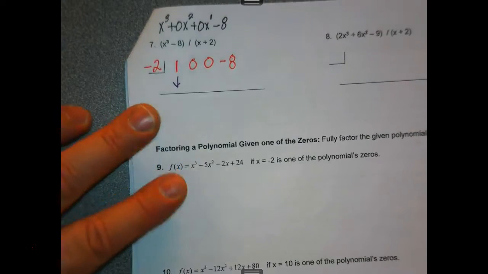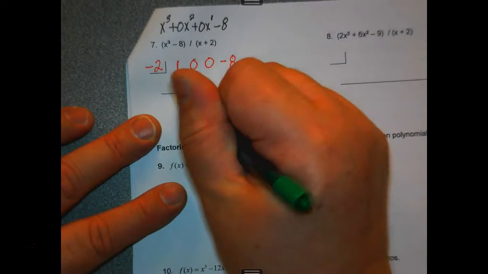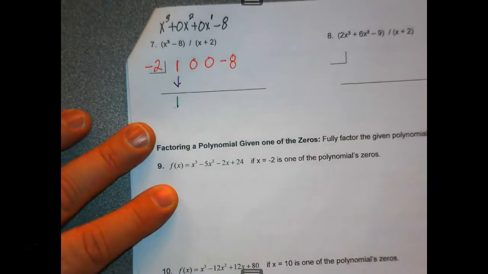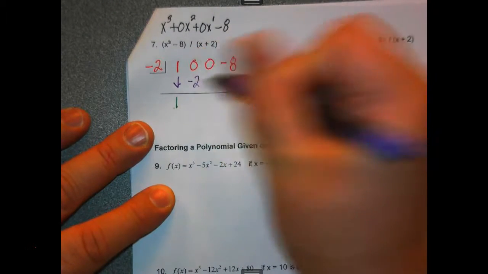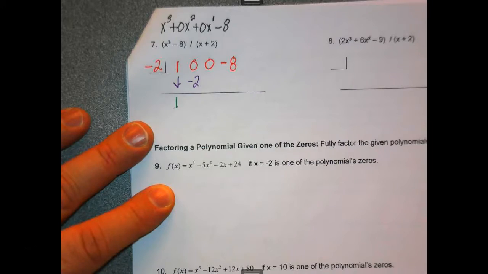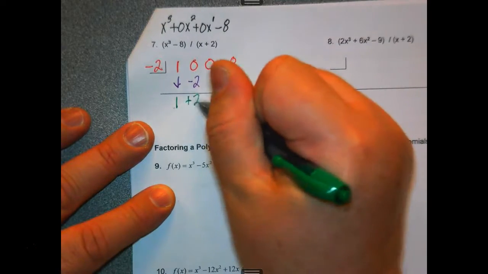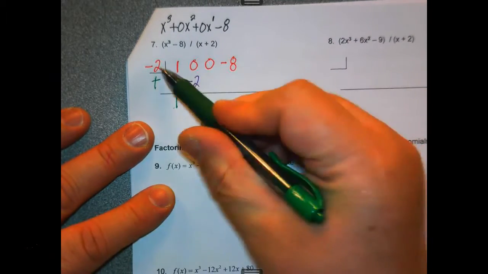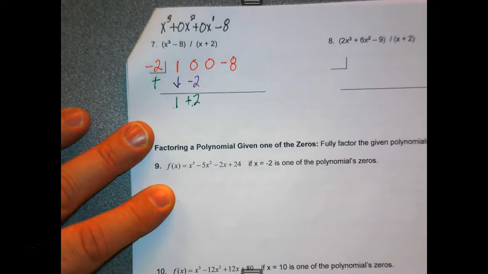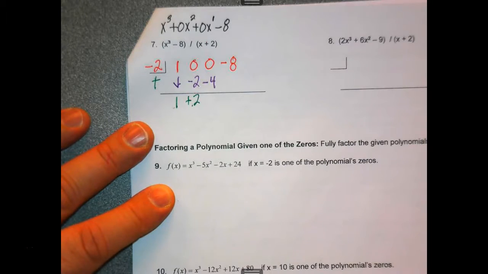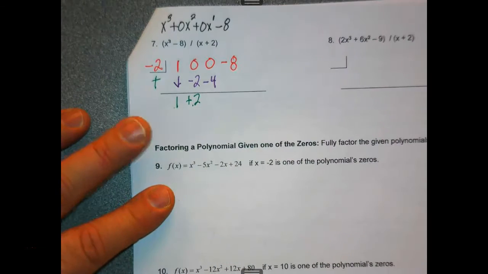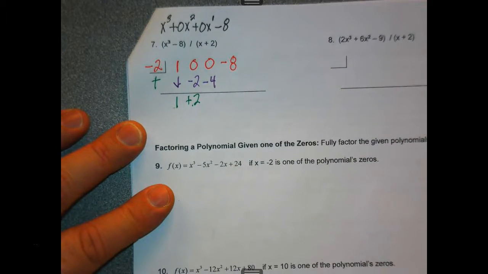All right. Bring down the 1. 1 times negative 2 is negative 2 plus 0 is negative 2. Negative 2 times negative 2 is positive 4.